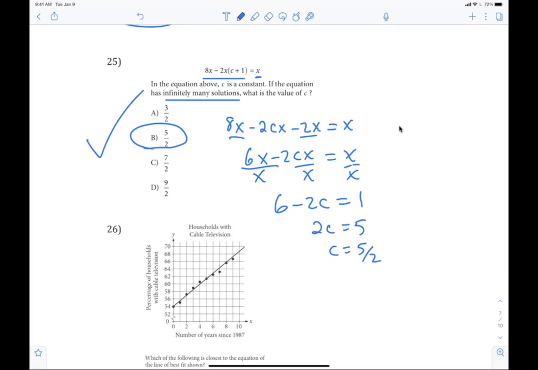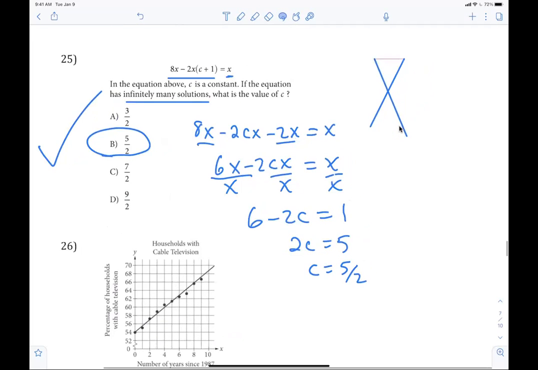You said that if it has infinitely many solutions, it's just the same lines. What's that mean? If I have 2 lines, how many intersection points does this have? None. How many intersections does it have right now?